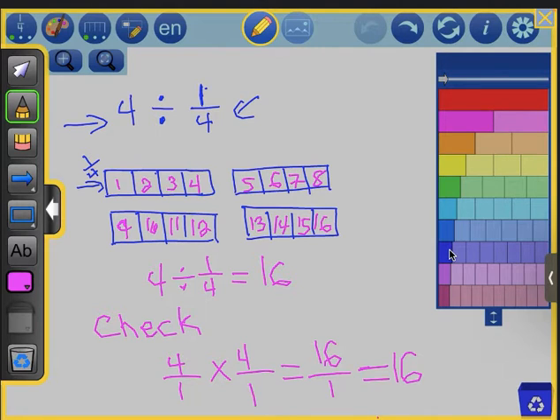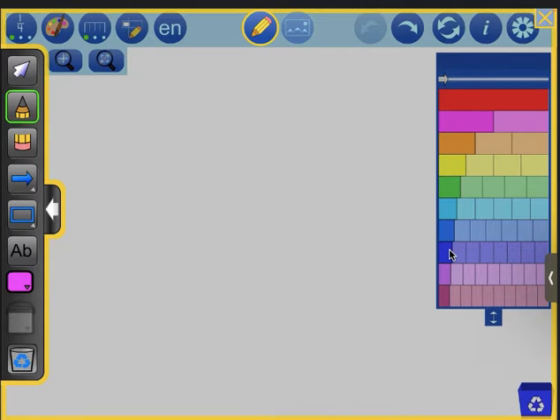Now I want to work on one, right, using 2/3, which is not a unit fraction, right? Because there's not a 1 in the numerator. It actually is 2 units, 2 out of 3. So I want to know with 5 wholes how many times 2/3 could fit in, or how many groups of 2/3 I can have in 5 wholes.